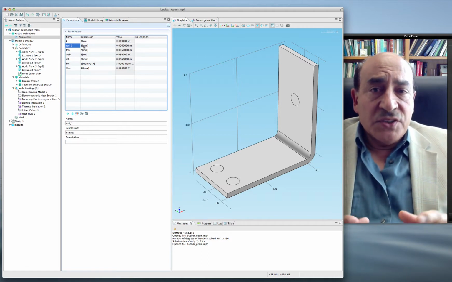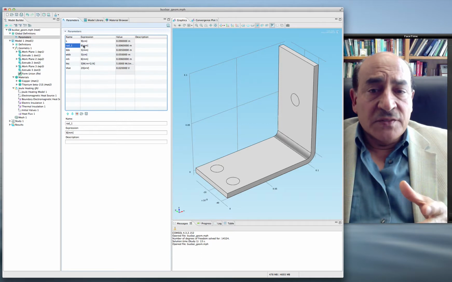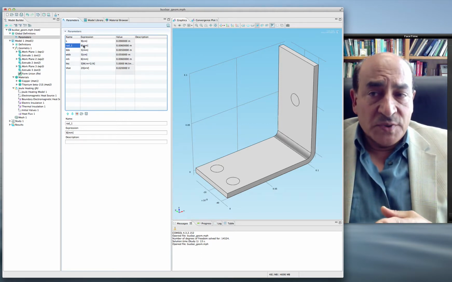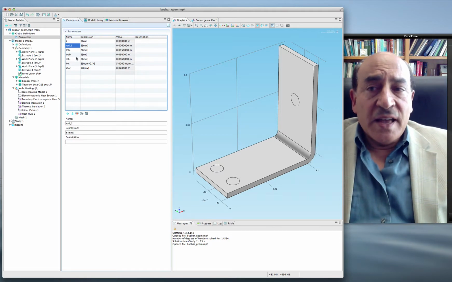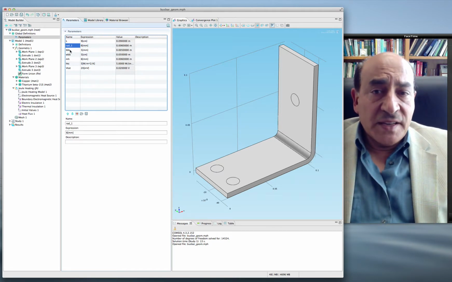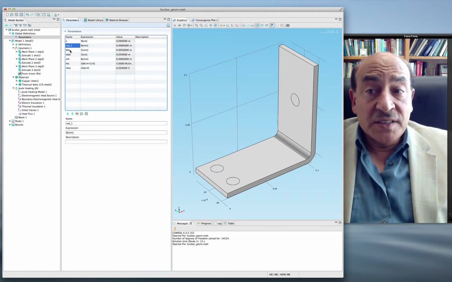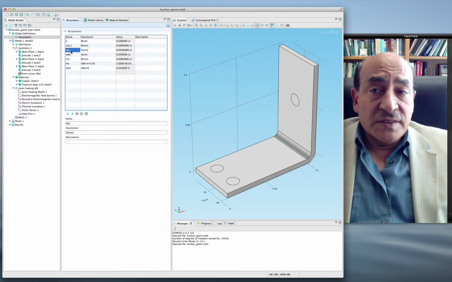It's a very useful thing to have: instead of numbers, you have initial numbers, but then you can call them parameters, and they're defined as parameters in the geometry, and they control the geometry. So TBB is the thickness of the bus bar, and W is the width of the bus bar.